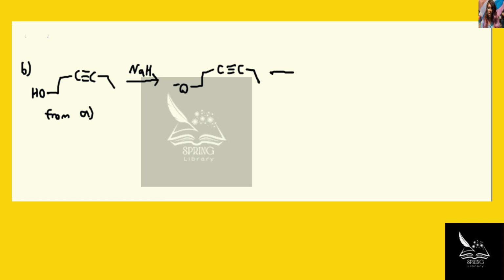Now if we react that with the ethyl bromide, that I went over how to make in part A of this problem, we will get the ethyl ether here.